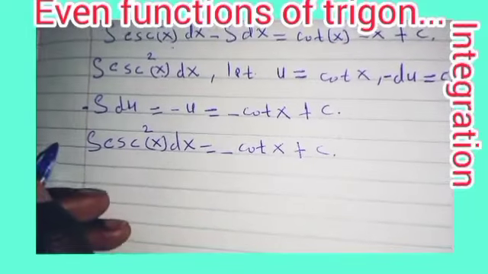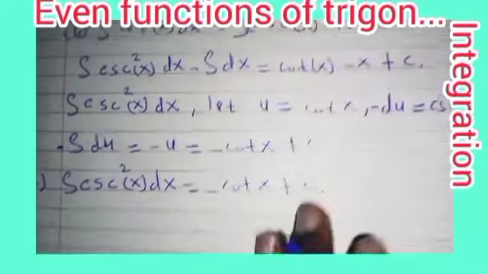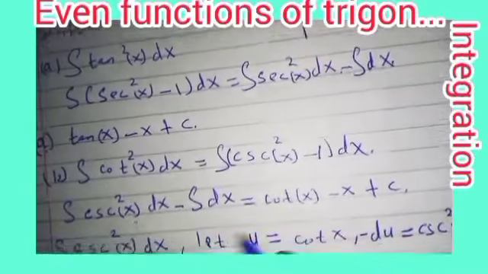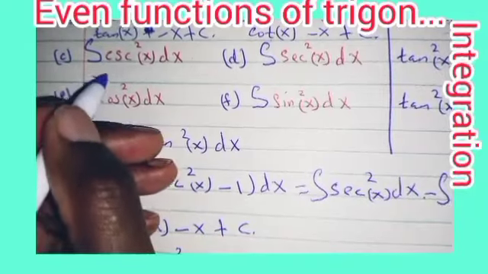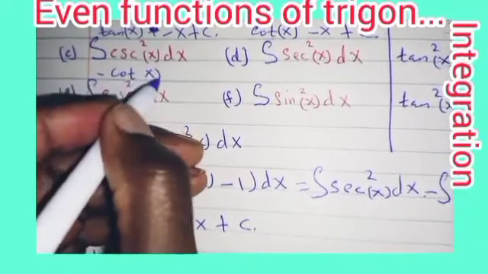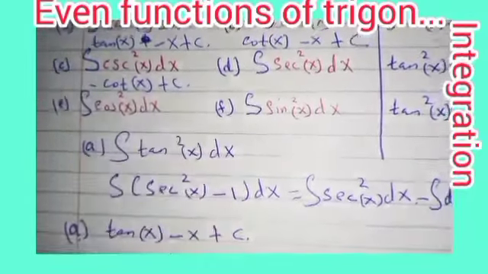Part D, this was c. So we have obtained our result here as negative cot of x plus constant c.